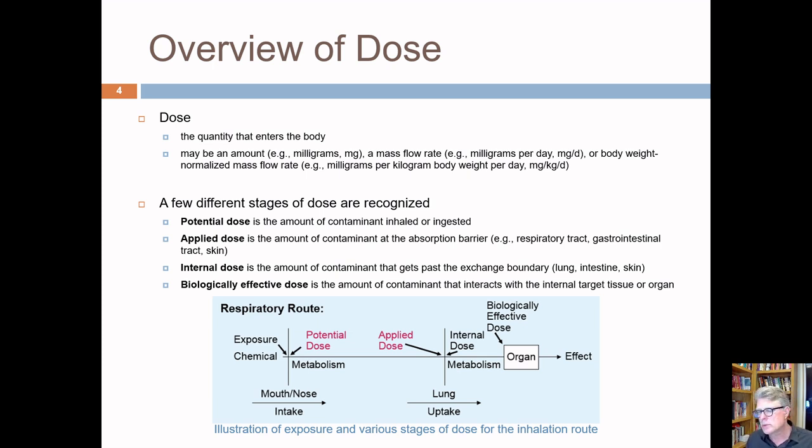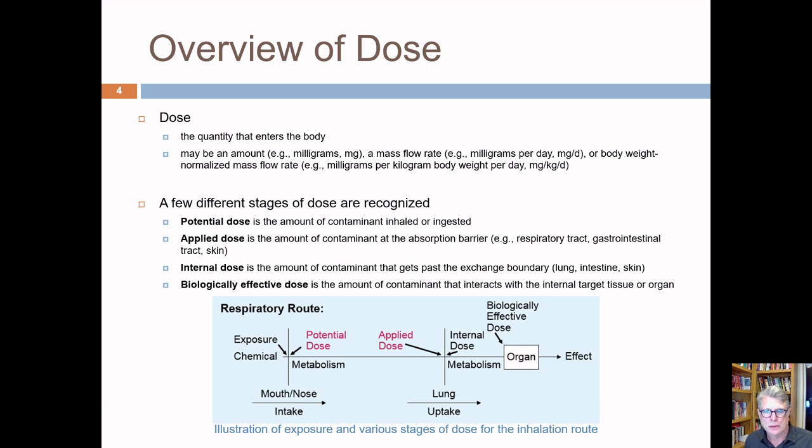For the GI tract, the applied dose is usually pretty much the same as the potential dose, because once it's in the GI tract, there it is, and the GI system is working on that substance. There's absorption, passage to the kidney or to the bile, and the like.